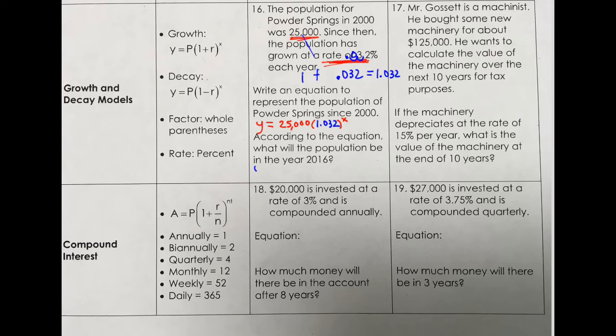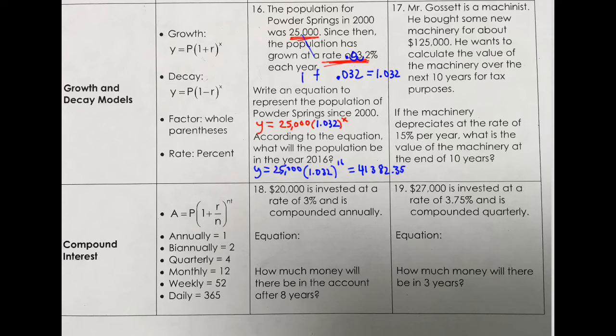So Y is equal to 25,000 multiplied by 1.032 to the 16th power, and that's going to be equal to 41,382.35.